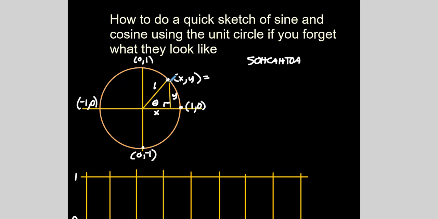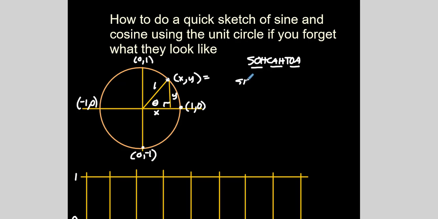Here's a right triangle, radius 1. Again, this is x, this is y. So from basic trigonometry, we have SOH, CAH, TOA. So sine is opposite over hypotenuse. So sine of theta is opposite over hypotenuse.